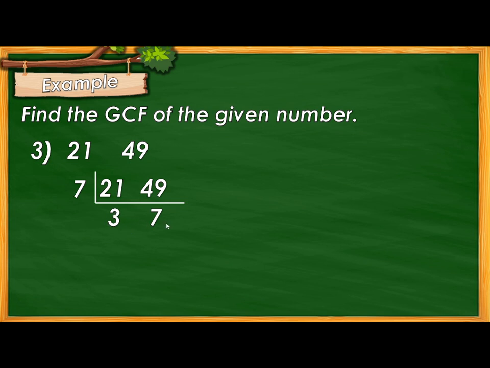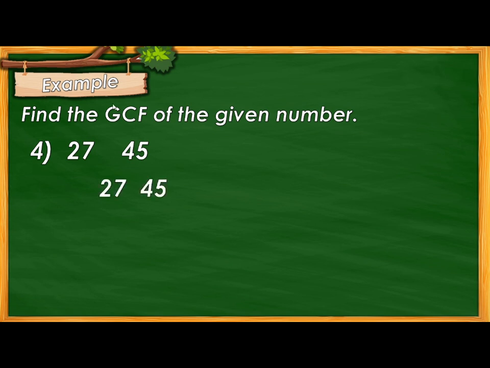So 3 and 7 have no common factor because they are both prime numbers. So the answer would be 7.